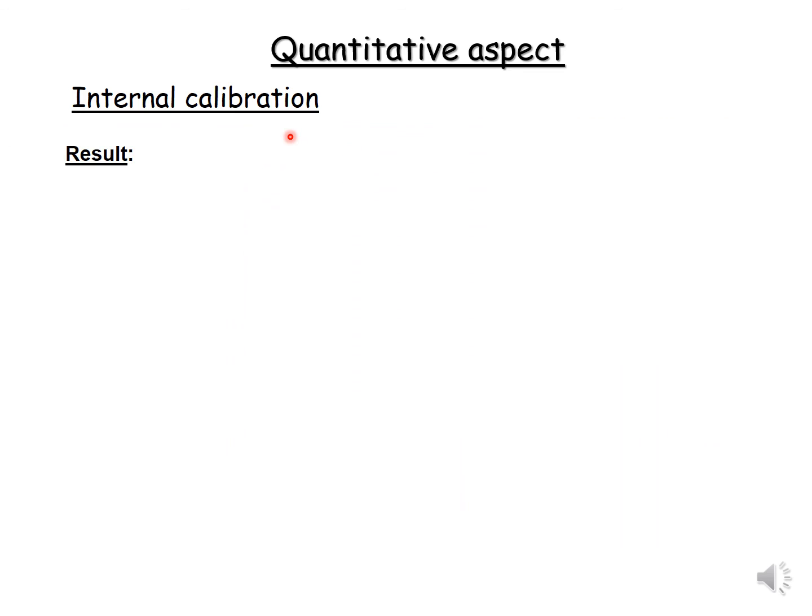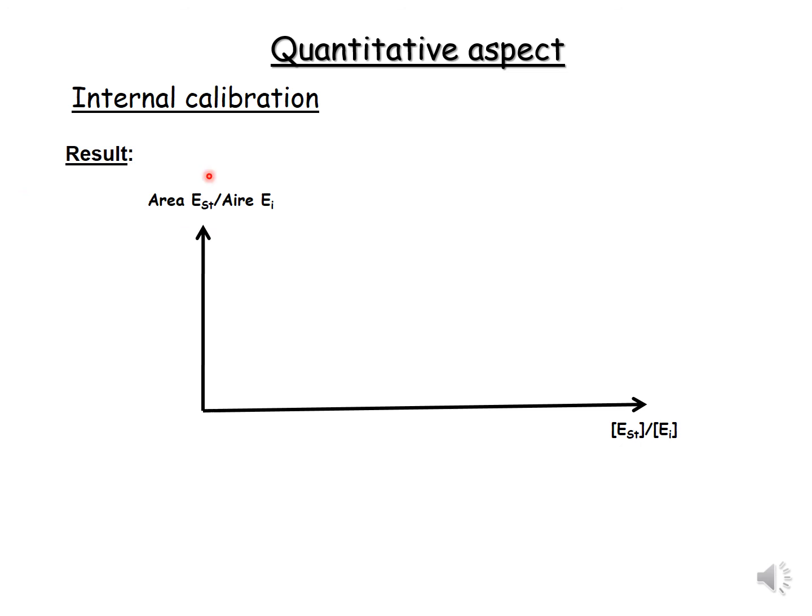After that, we perform the representation of the ratio, area of the standard over area of the internal standard, as a function of the ratio of the concentration of standard over internal standard. Different points, different concentrations, and then here you have a good linearity with this regression.